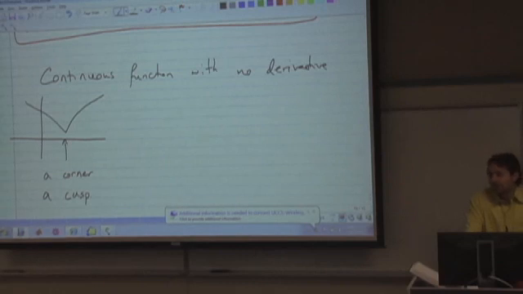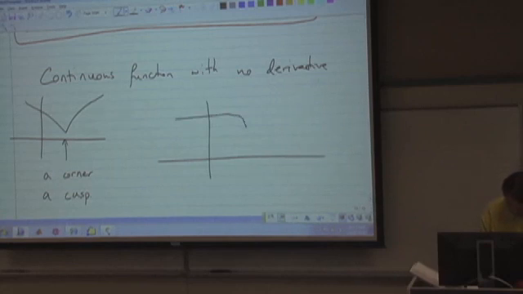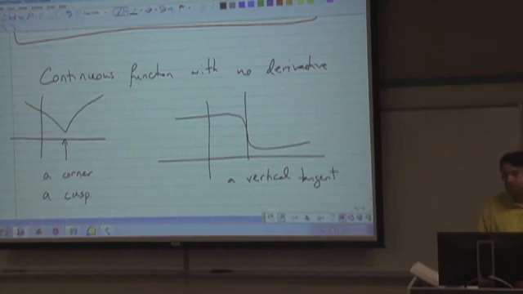There's also another way of defining a function that in fact is continuous, yet it doesn't have a derivative, and that would be a vertical tangent. And you might ask yourselves, how?